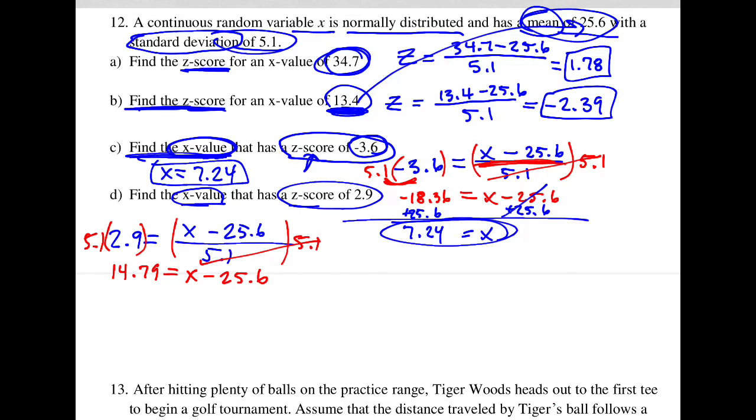All right, and then if we add 25.6 to both sides of the equation, we will get our x by itself. So we have x is equal to 40.39. So the x value that has a z-score of 2.9 is 40.39.